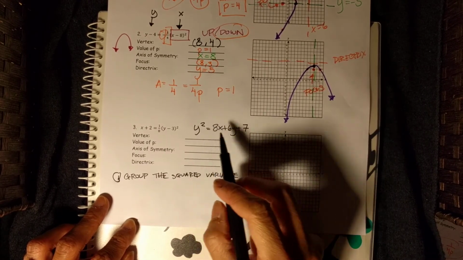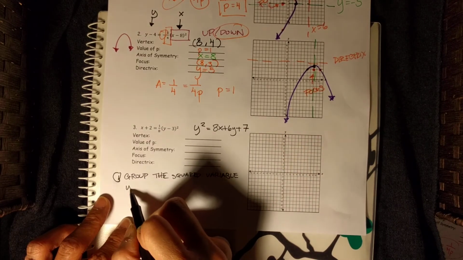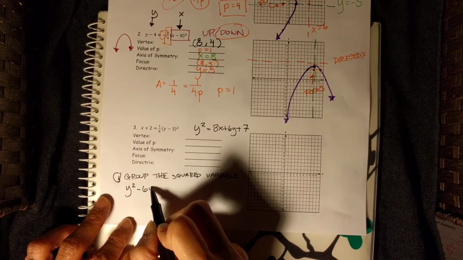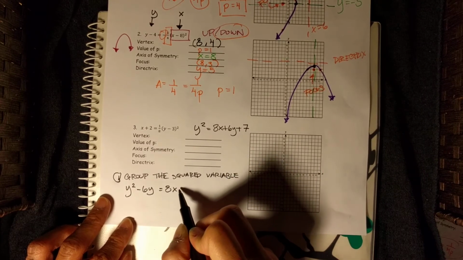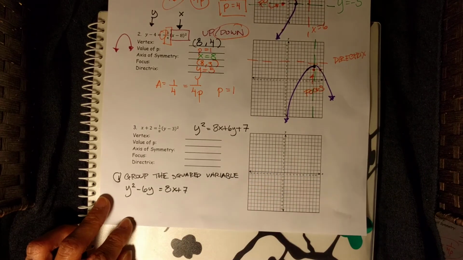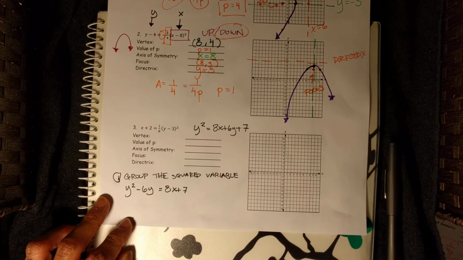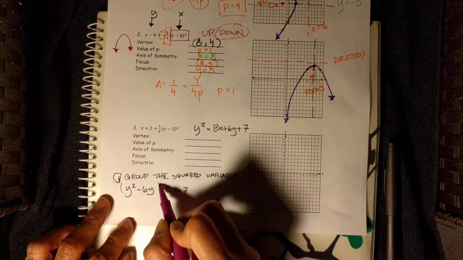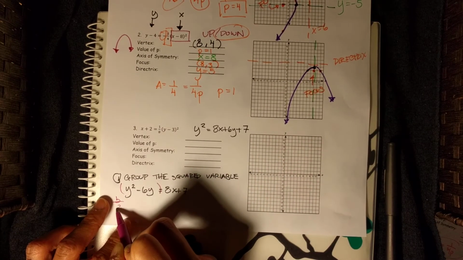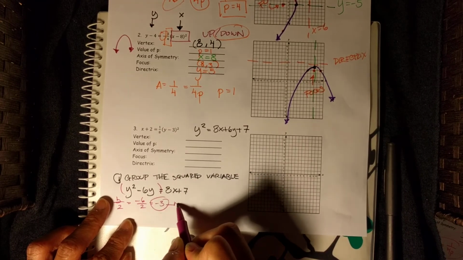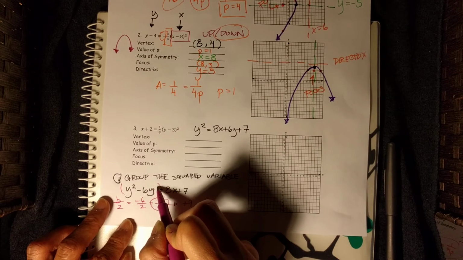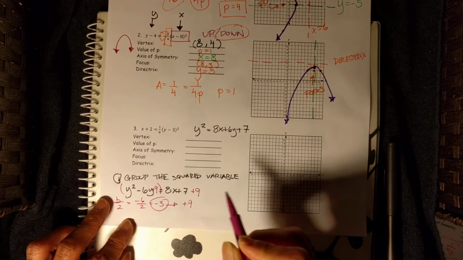So I'm going to move everything with y to the left hand side and leave a little bit of wiggle room and have 8x plus 7. So now your task is actually very simple. All you have to do now is complete the square with this left hand side. So you get negative 6 over 2, negative 3, square that, plus 9. So you add 9 to one side, add 9 to the other.